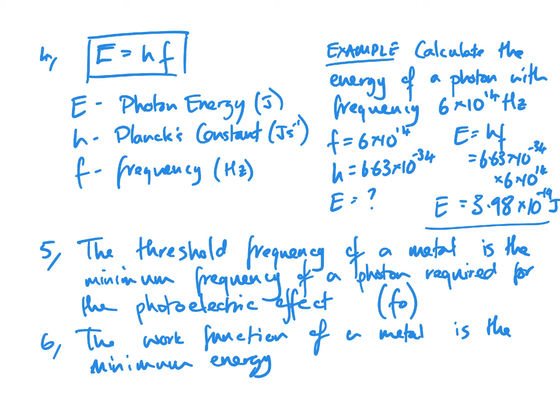And that therefore would be the minimum energy. I'll put in of a photon actually because it's a good habit to always refer to photons in your answers. That's the kind of key word that you're looking for.